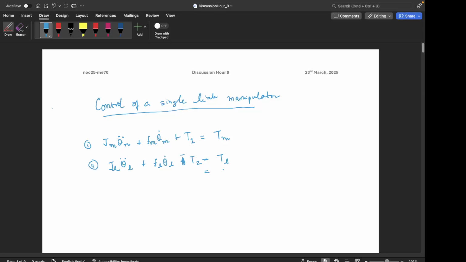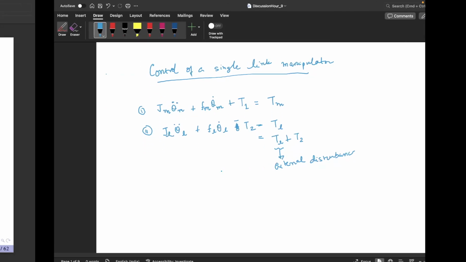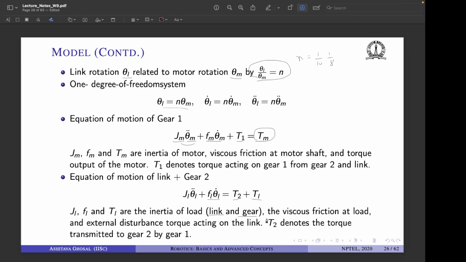So T2 can be taken to this side, right? And this will be the external disturbance, right? And these are the equations of motion, right? So T2 denotes the torque transmitted to gear 2 by gear 1.